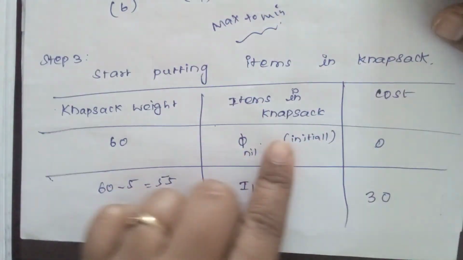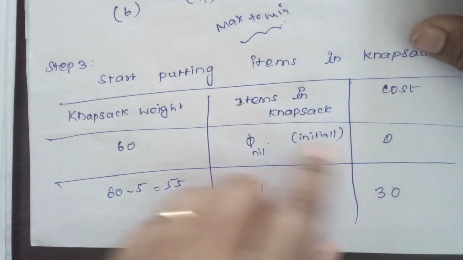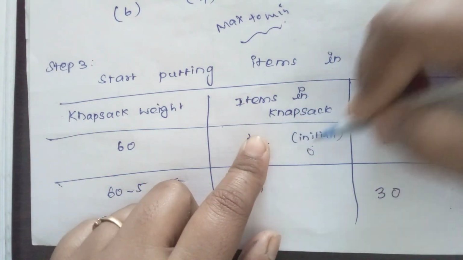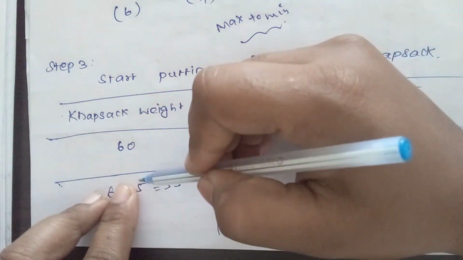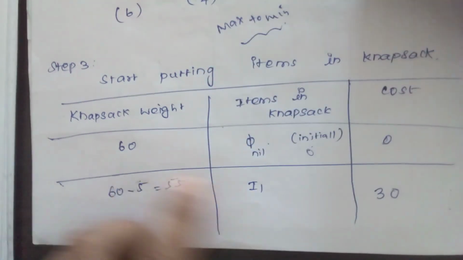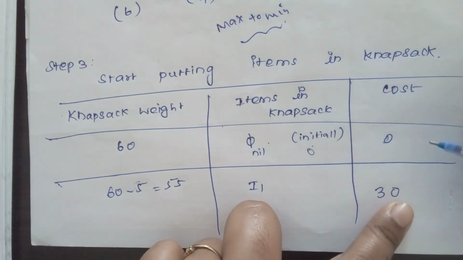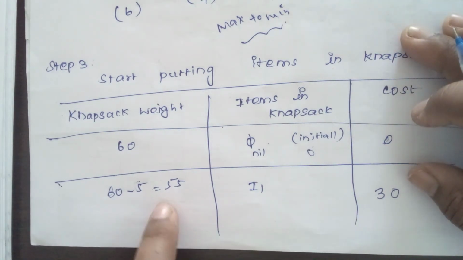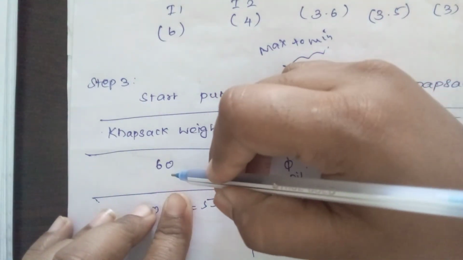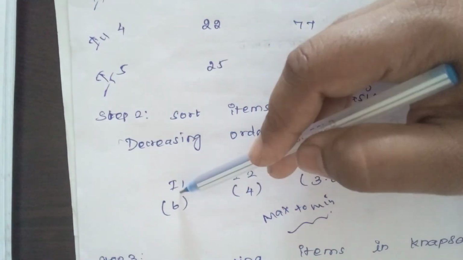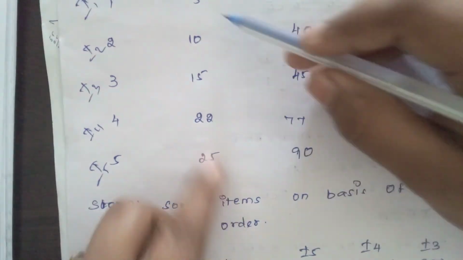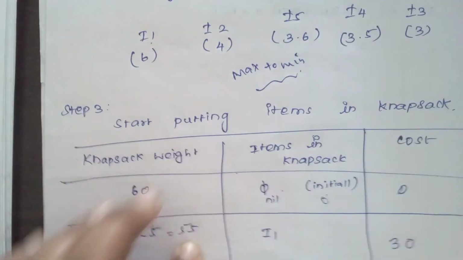See, items in knapsack, initially it is 0. Initially 0 will be there, the cost also 0. After that, if I add the sixth object, which has weight 5, the capacity is 60, so 60 minus 5, 55 will be there.